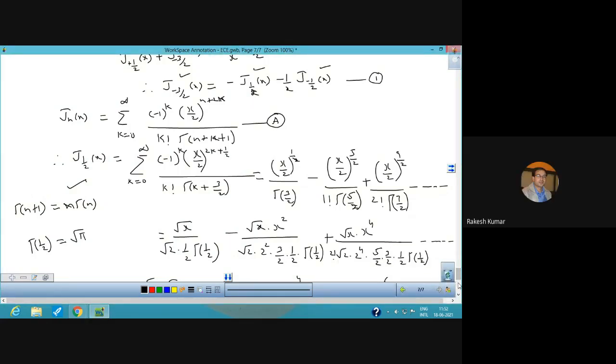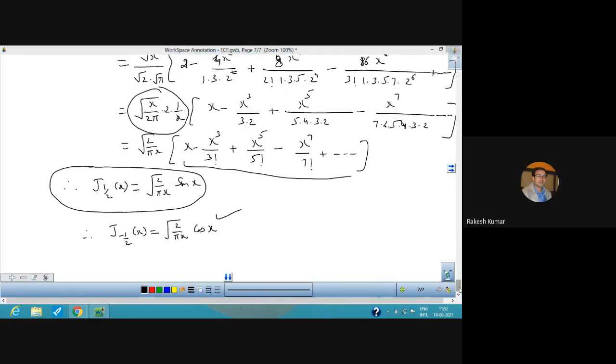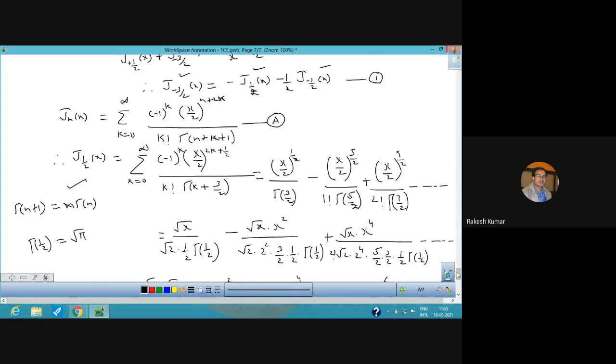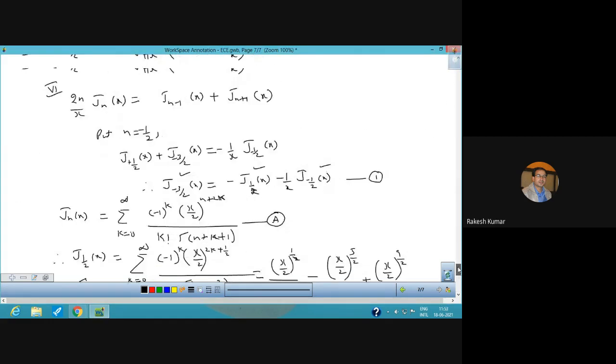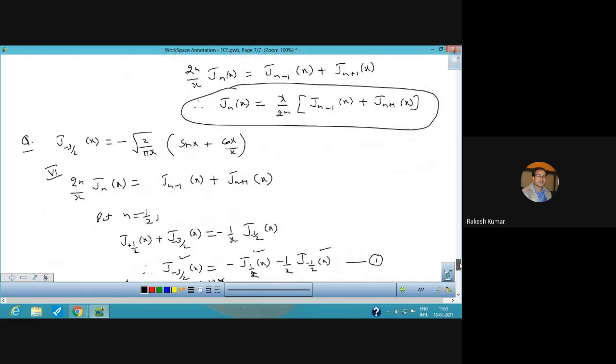So this is a very important relationship we have. Yes, we were finding out the value of j minus 3 by 2 x. This is what we want to do. J minus 3 by 2 x should be equal to this, and we have used this.